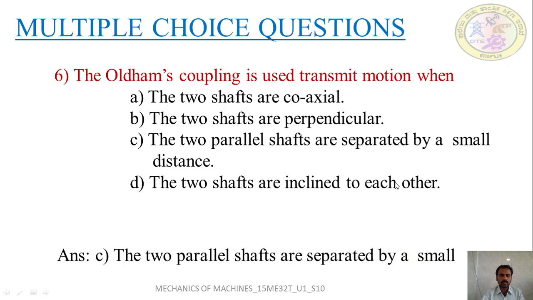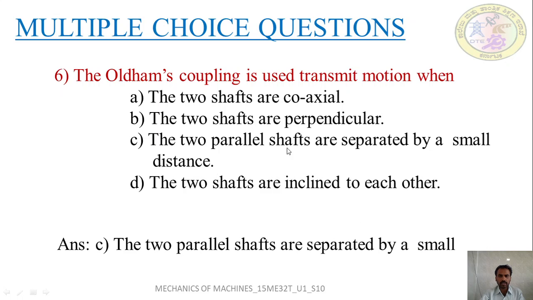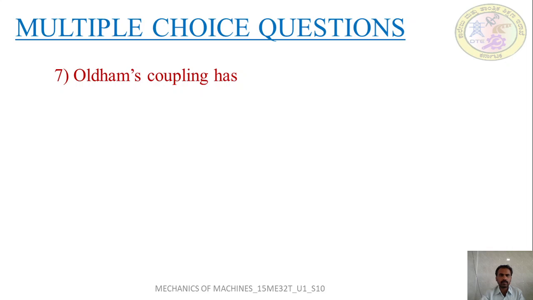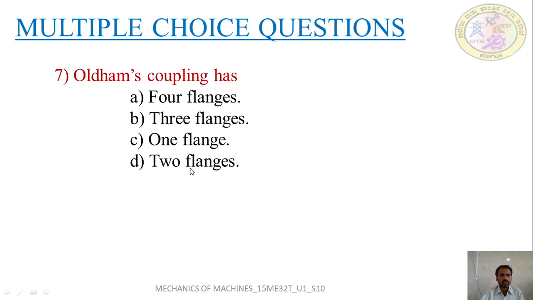So it is when the two shafts are separated by a small distance. The next question is, Oldham's coupling has how many flanges? 4 flanges, 3 flanges, 1 flange, or 2 flanges. The answer is 2 flanges.